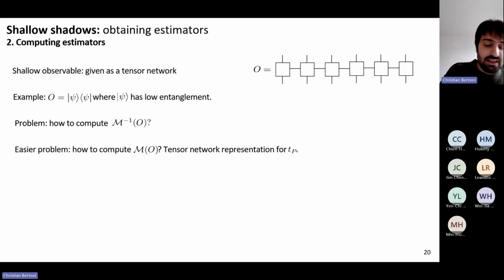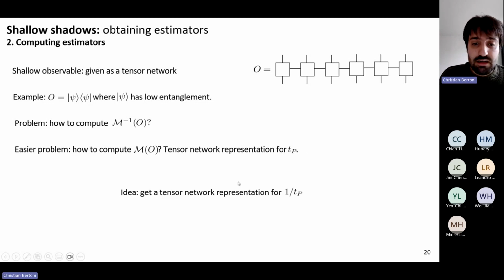Essentially, this means that by some basis changes and some tensor manipulations, we have a representation, in terms of tensor networks, for this whole channel M. And so given an observable O, which is given as a tensor network, we can compute M of O just by tensor contractions, using the tensor network representation that we have of this eigenvalue T_P. And so the idea is to get some tensor network representation of 1 over T_P.